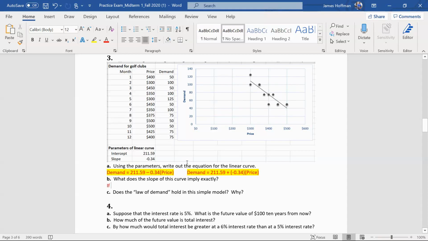So this tells you that when price goes up, demand goes down by 0.34. See these dots over here are all the data points of price and demand. And so the month isn't on this picture. The month is just the piece of time it came from. So in terms of the equation and the graph, the months aren't on there.